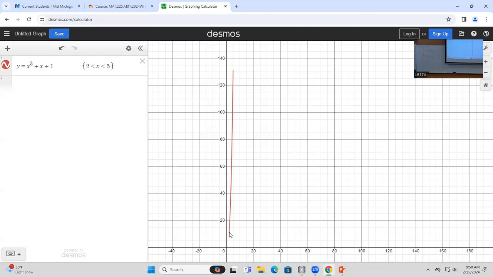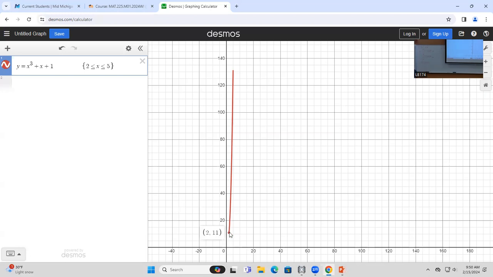And I can't just do a straight line from this point to this point, so from (2, 11) to (5, 131), because it's not a perfectly straight line. By the way, if it was a perfectly straight line from (2, 11) to (5, 131), notice it would have been exactly 120 units. Or not quite exactly, right?